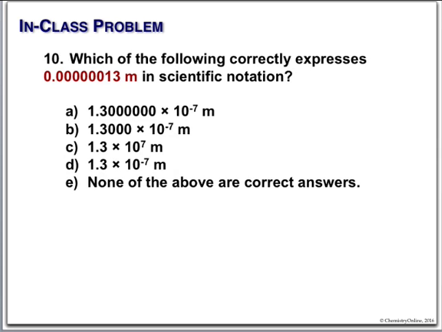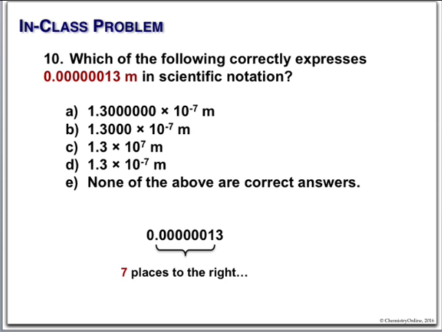All right, here we have a number, and we want to put this into scientific notation. Remember when we put a number into scientific notation, we want to move our decimal from where it is to in between our first two real digits. Here's our number. We're going to have to move it from here to between the 1 and the 3. That's 7 places, and we're going to the right. That means this is a negative exponent, and the exponent is -7.